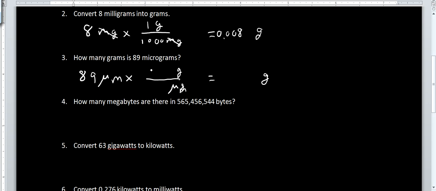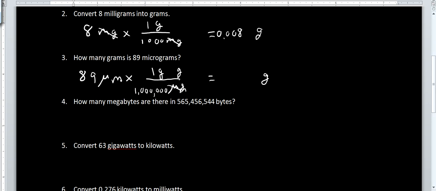And the conversion factor, micro, stands for 1/1,000,000th. So it's 1/1,000,000th of a gram. That means that there are 1,000,000 micrograms to 1 gram. That's 1,000,000 micrograms equal 1 gram.